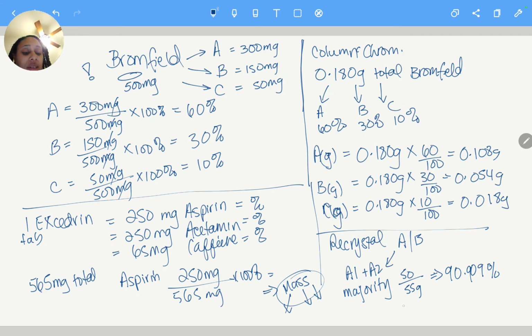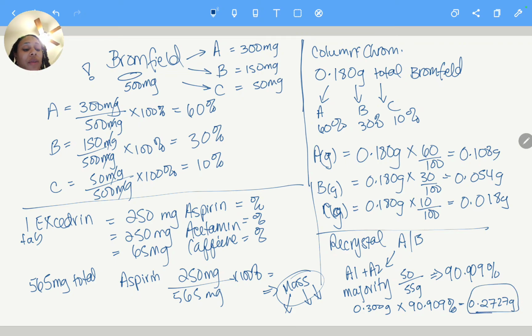What that means is if you had weighed out exactly 300 milligrams, you should have recovered 90% of that. So you should have recovered at least, in a perfect world, 0.2727 grams.